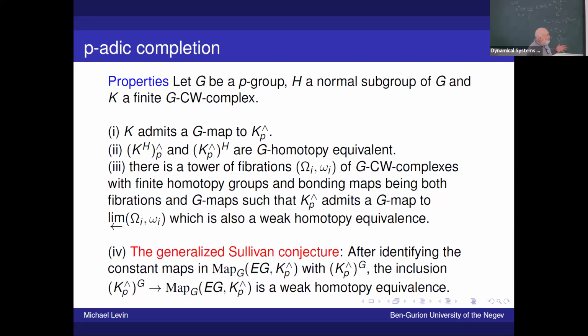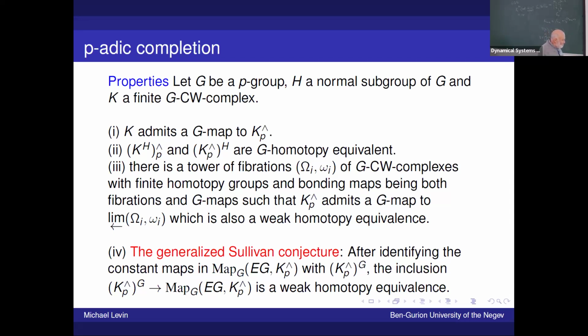But inside the theory there is a really tough result, the so-called equivariant Sullivan conjecture, the generalized Sullivan conjecture.